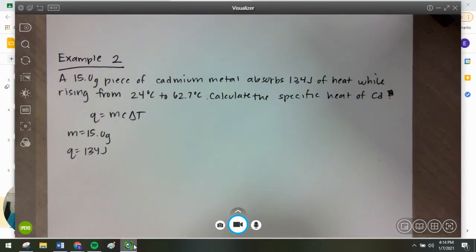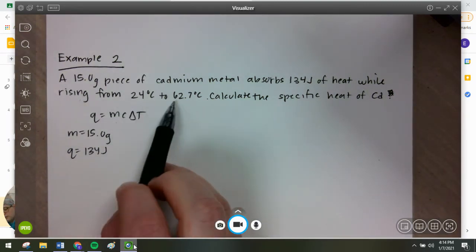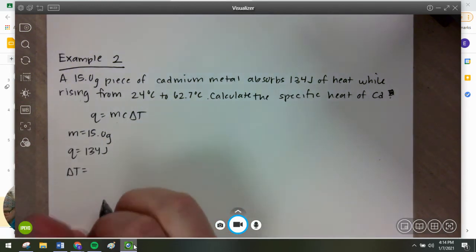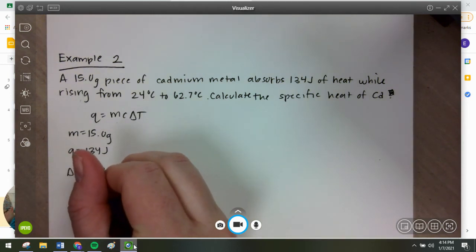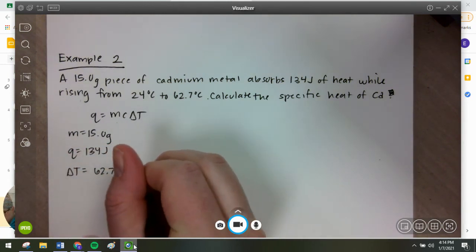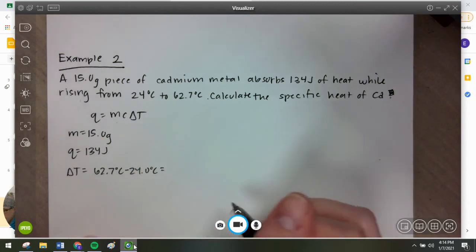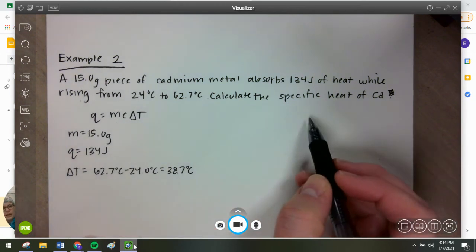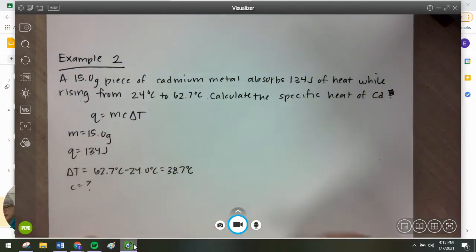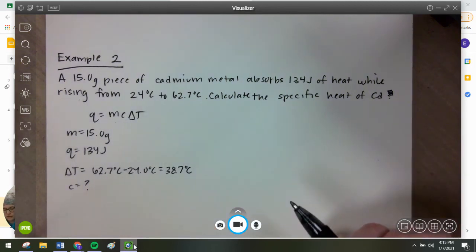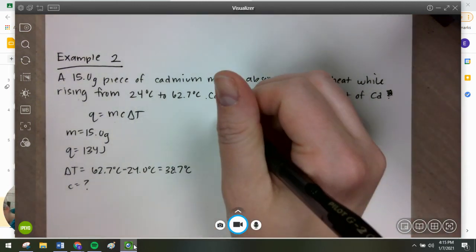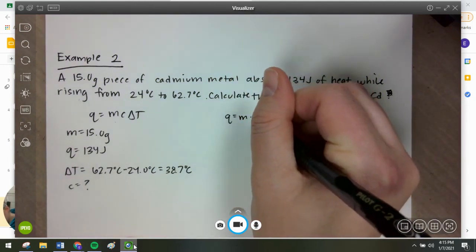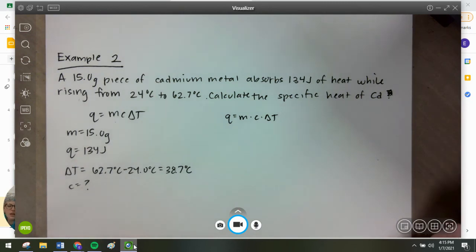Okay. And then look in here, I've got a final temperature and an initial temperature, so I can find my delta T. It's going to be 62.7 degrees Celsius minus 24 degrees Celsius, and that change is 38.7 degrees Celsius. And it says to find my specific heat, so I don't know what C is. So in this case, we're looking for C in this problem. Now, if you've been following the videos, you know that I like to do the algebraic rearrangement first, and then I put the numbers in.